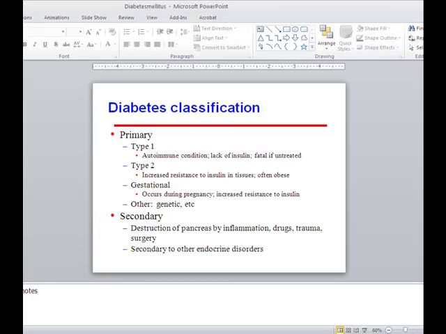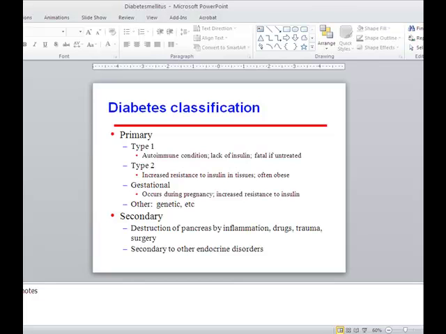In type 2 diabetes, the insulin production is initially normal, but there is an increased resistance to insulin in the target tissue, and it often goes along with obesity. Gestational diabetes is seen in pregnant women, and it is due to increased resistance to insulin by the target tissues, just like in type 2 diabetes.